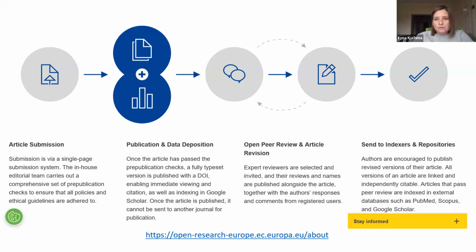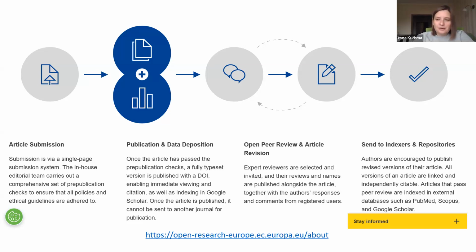And what you do, you submit your article to this platform. They have different requirements for different types of articles. You follow those requirements, you submit your article. They check whether your article follows their requirements for a journal article or software article or open letter or any other type of output that they publish.